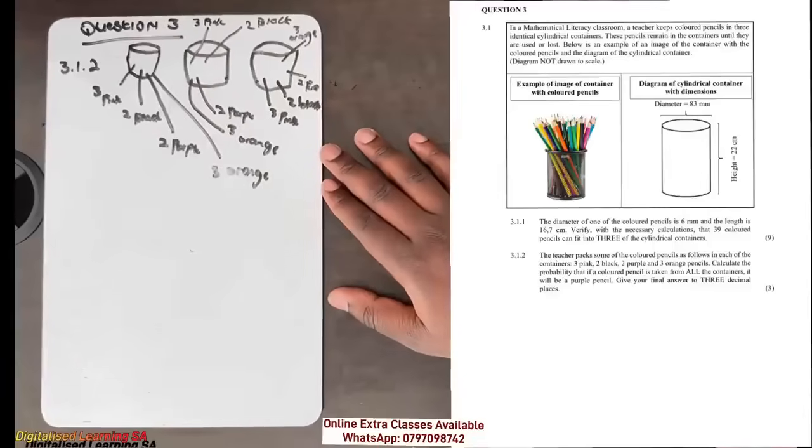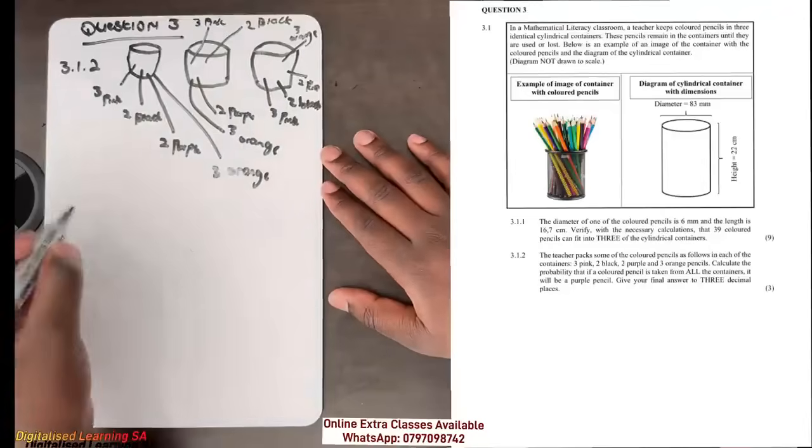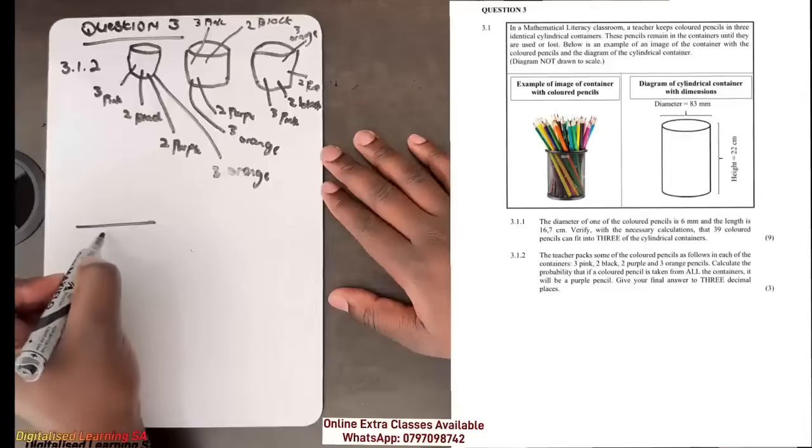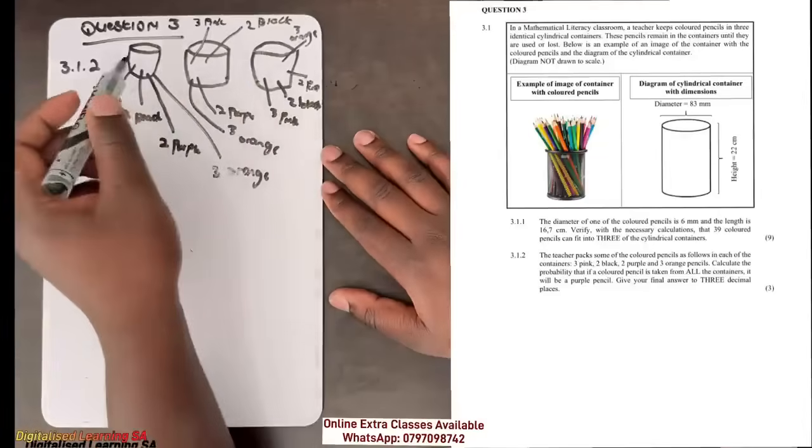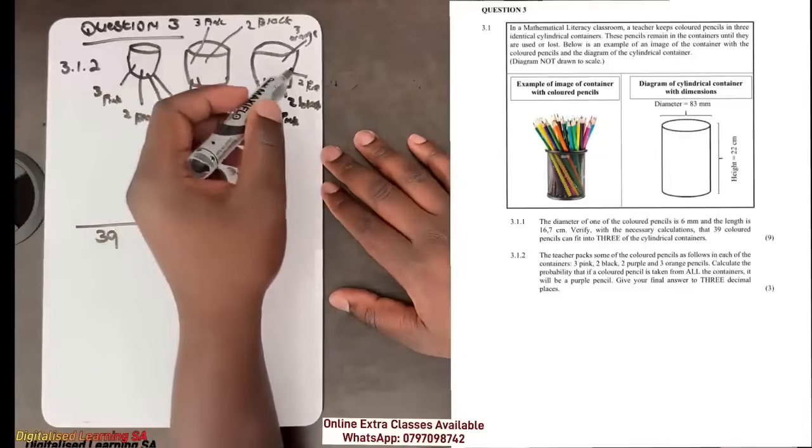So we need to calculate the probability that if a colored pencil is taken from all the containers, it will be a purple pencil. So we know that in total we have 39 pencils from all these 3. So we have 13 here, 13 here, and 13 here.